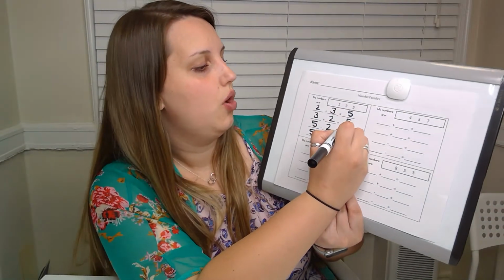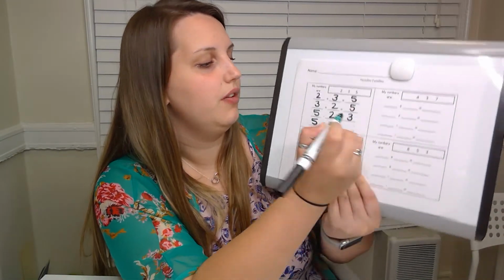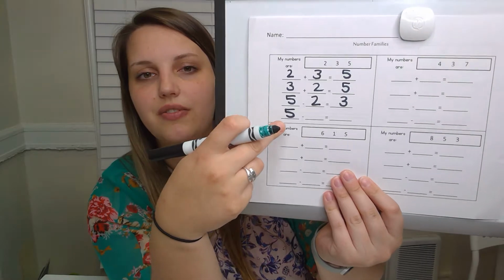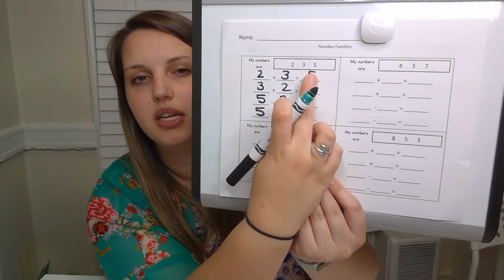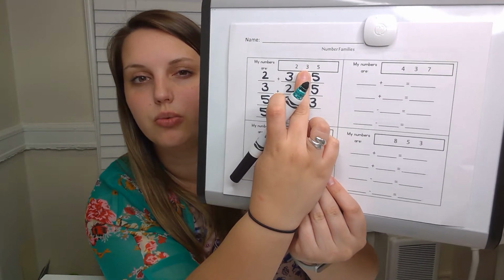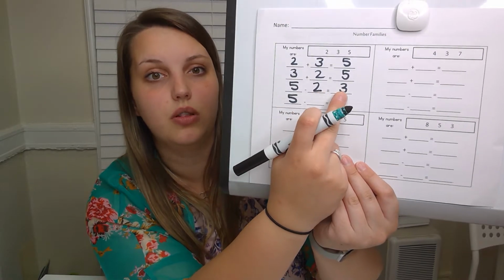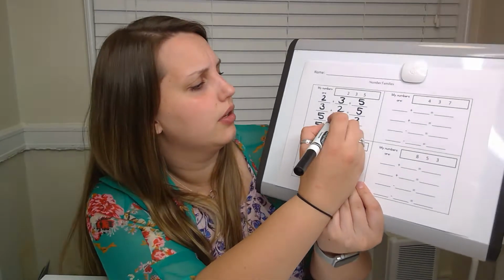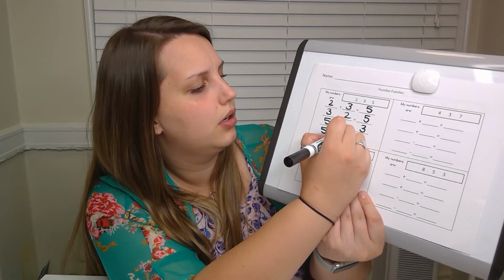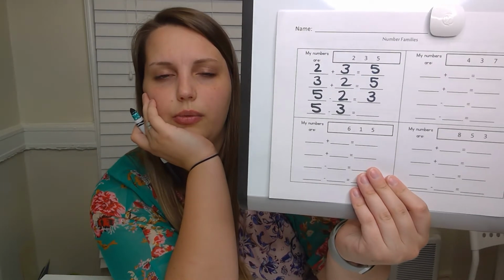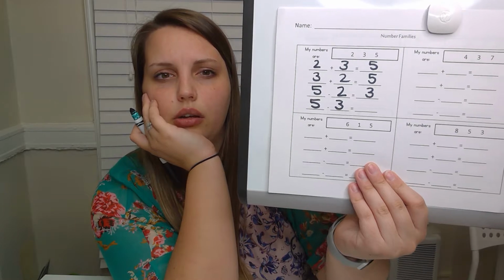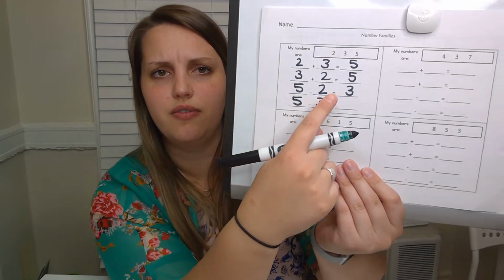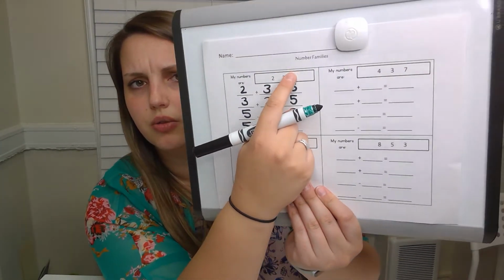What? Wait a second. What if we switch that around? What if we did 5 minus 3? We did 5 minus 2. That equaled 3. What if we did 5 minus 3? Well, we got our 5. We used our 3.